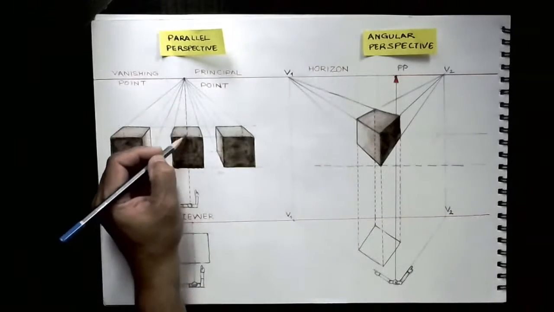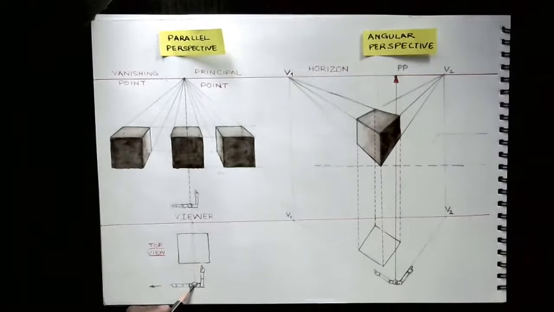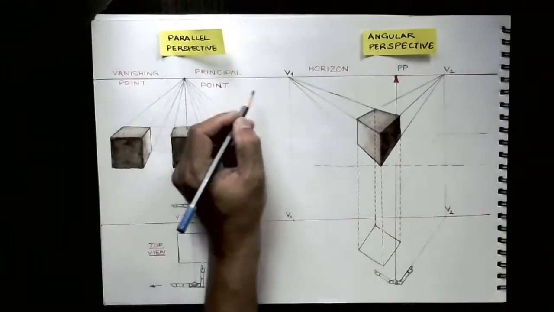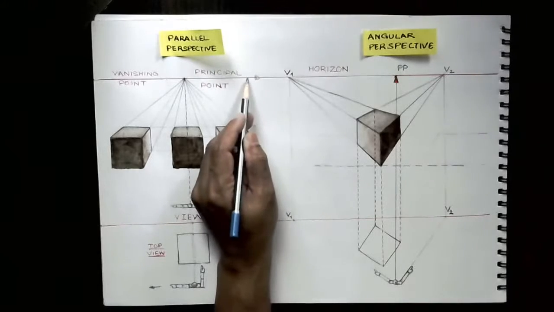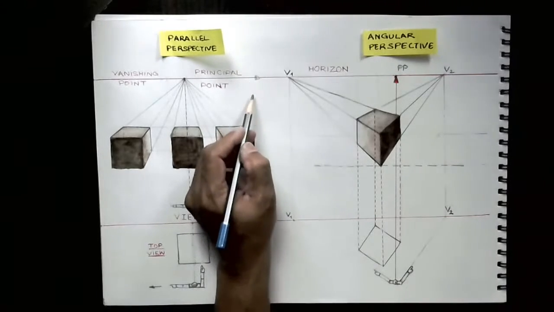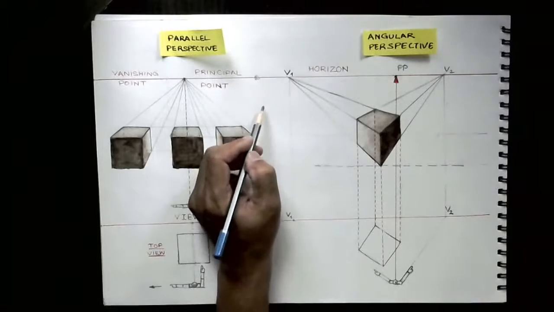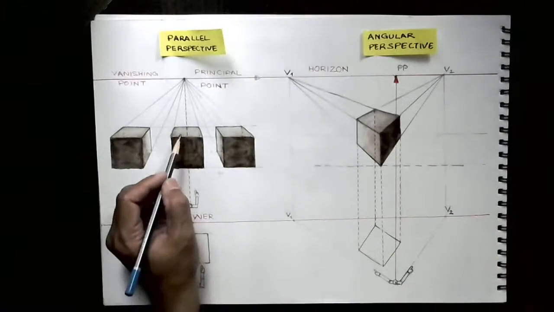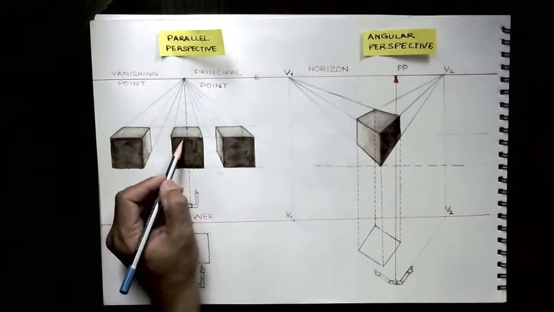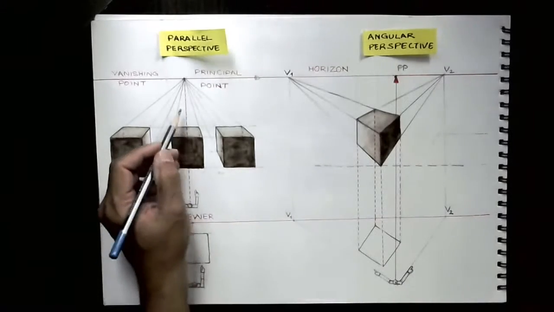When the object is held below the horizon, the eyesight is always on the horizon, matching the horizon line. So according to the position of the viewer, the horizon is very important. We can see the top view of this object because the object is below the horizon.